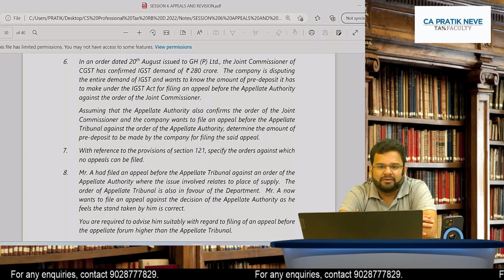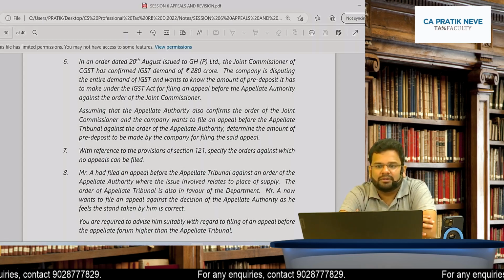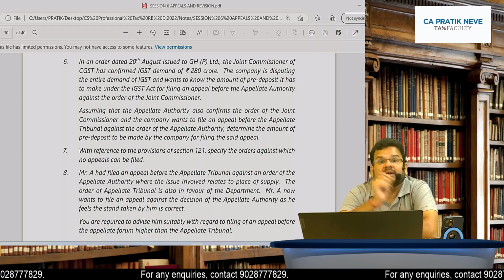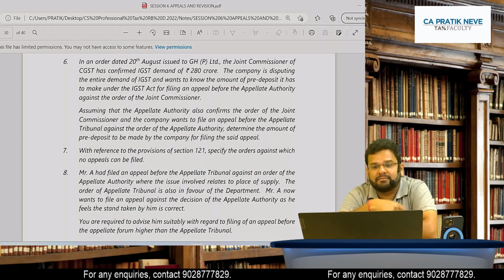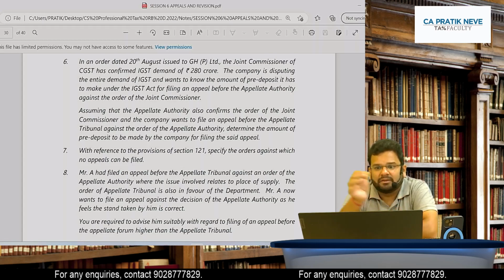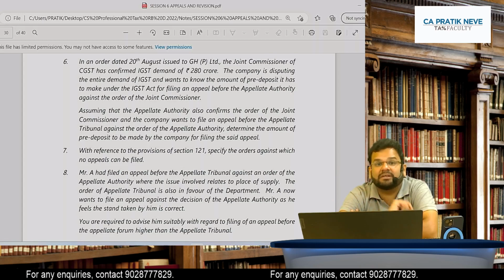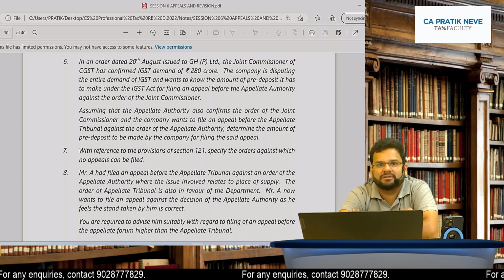In an order dated 20 August issued to GH Limited, the Joint Commissioner of CGST has confirmed an IGST demand of 280 crores. Now this Joint Commissioner of CGST is nothing but your adjudicating authority.